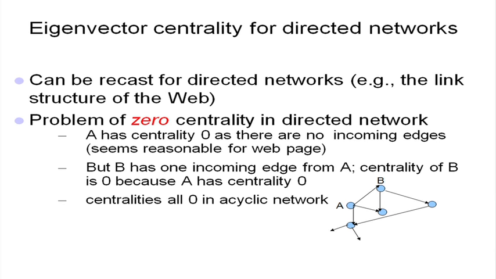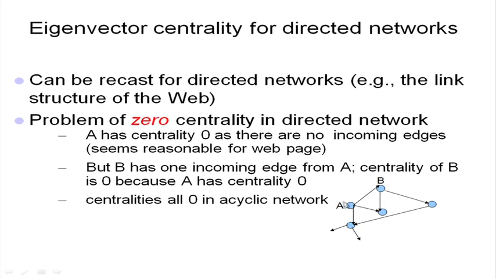So, the entire acyclic part of the network, all the nodes that are not part of a cycle in that network, have 0 centrality. So, this is a very big problem when you try to translate the concept of eigenvector centrality to directed networks.